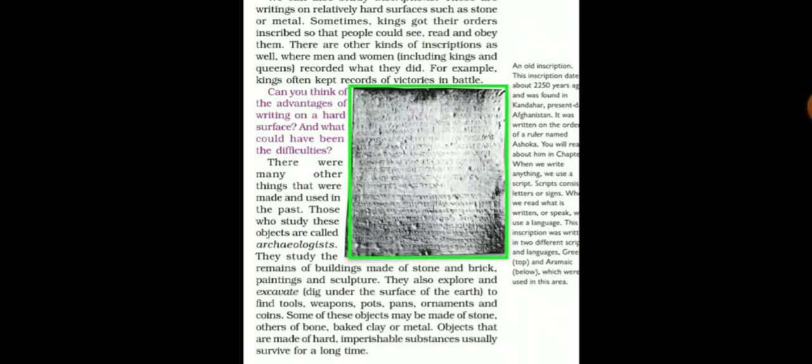Here, my dear students, a question may have arisen: you want to know actually what is inscription. Yes, it is writing on hard surfaces, but what is the exact form of inscription?